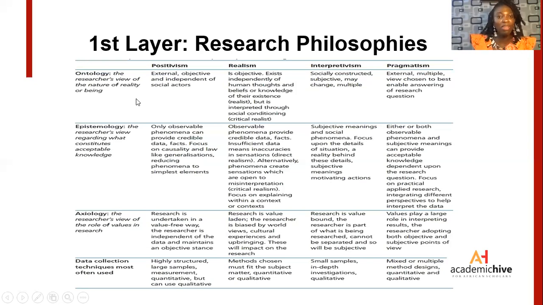Well, the truth is, all these isms, positivism, realism, interpretivism, pragmatism, are very linked to the field of philosophy. So somehow they could be really, really confusing, okay? So I'm going to drop this in the attachment below, so you can take some time to go through them one by one.